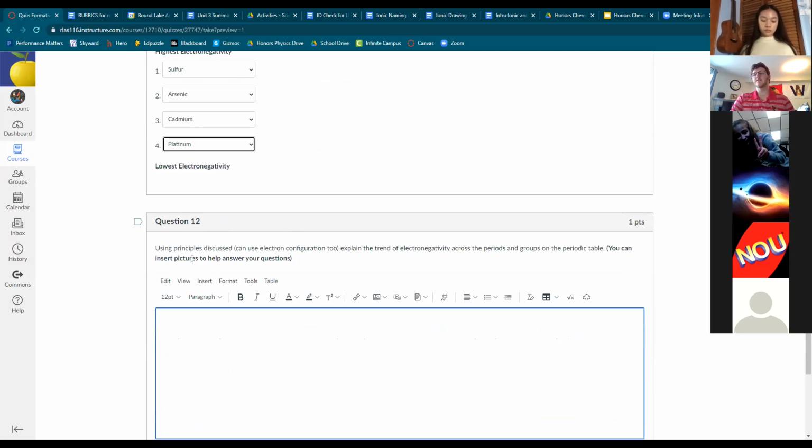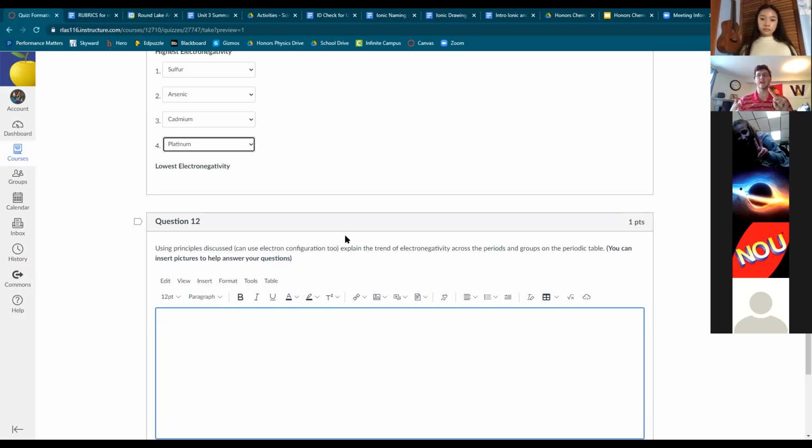Then it says use the principles discussed. You can use electron configuration to explain the trend of the electronegativity across the period and groups of the periodic table. So if you want to include pictures, if you wanted to draw Bohr models or Lewis dot structures, you can, but you should be talking about the Coulombic attraction between the protons and the electrons, and the fact that the more protons, the more attraction there is toward the nucleus.